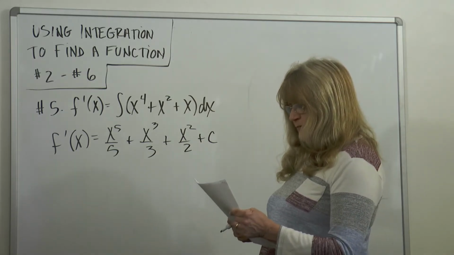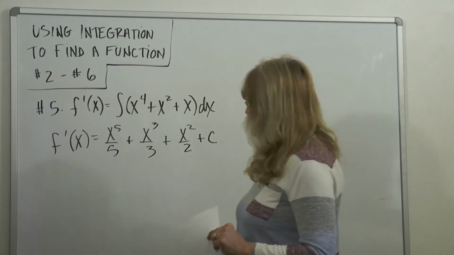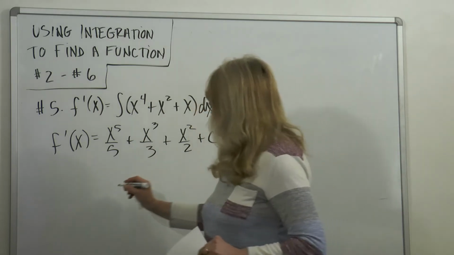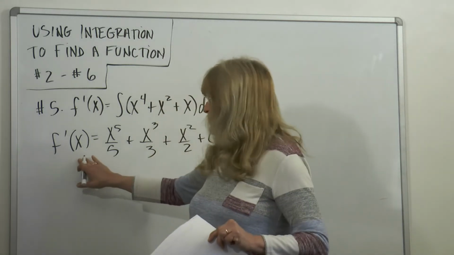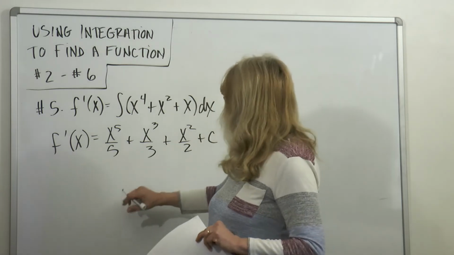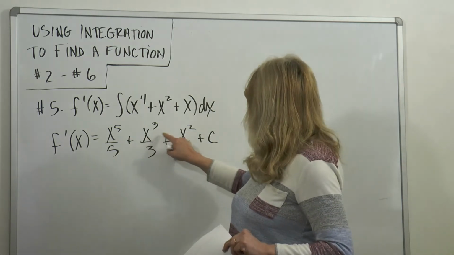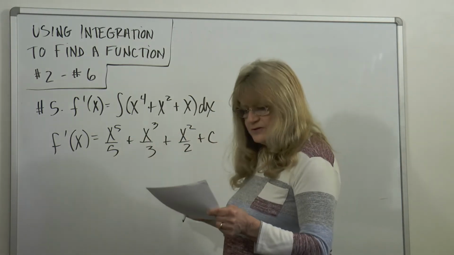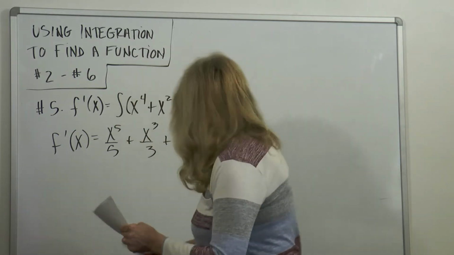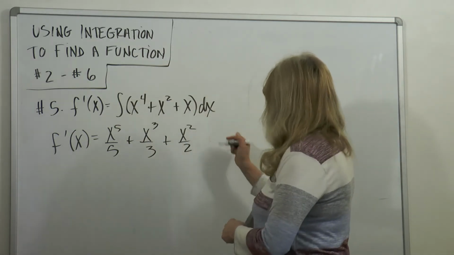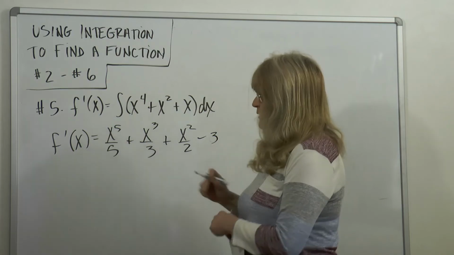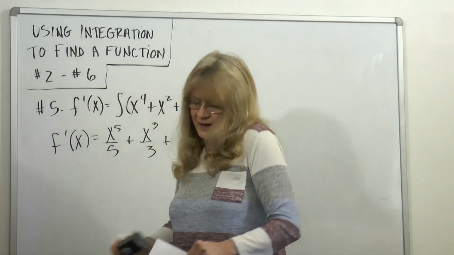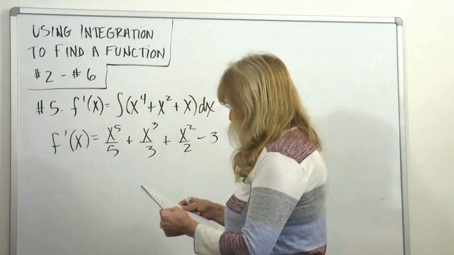Okay, f prime of 0 equals -3. So I know for this one, when x is 0, the whole thing equals -3, so I just know that c is going to be -3. Only because of that 0. It's nothing hard to do.